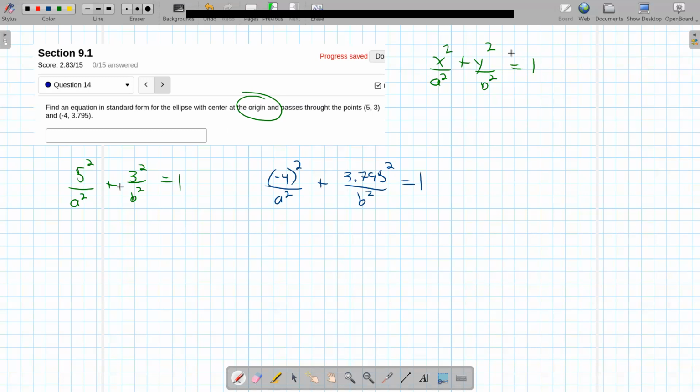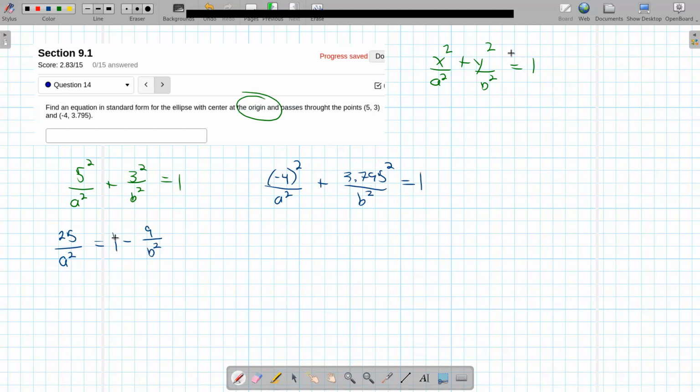So let's say we're going to solve the first one for a squared. So I would subtract the 3 squared over b squared to the other side. So I'm just going to write that as 25 over a squared is equal to 1 minus 9 over b squared. And I'd like the a to be in the top, and so instead of having a complex fraction, I'll rewrite this.